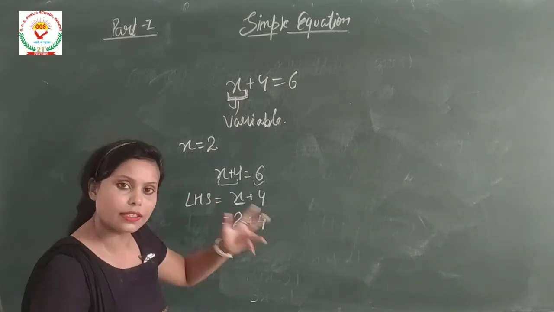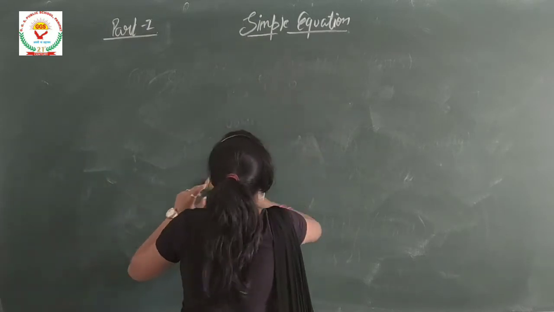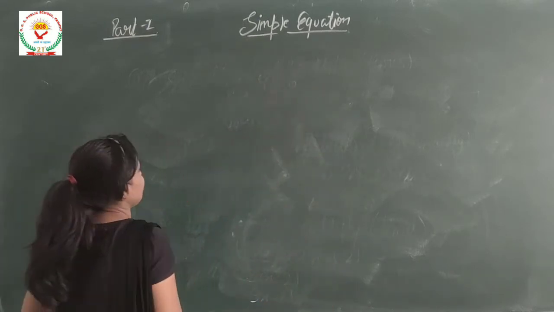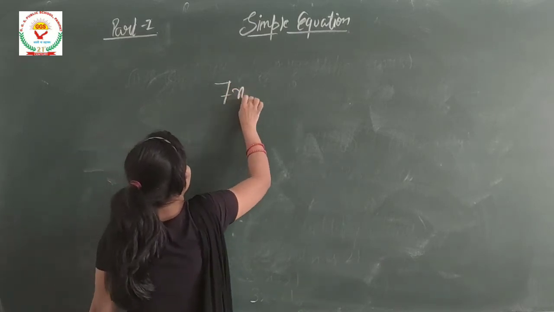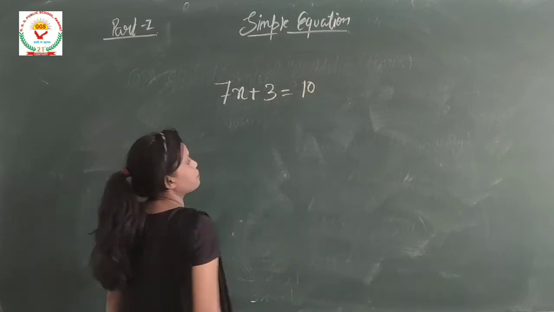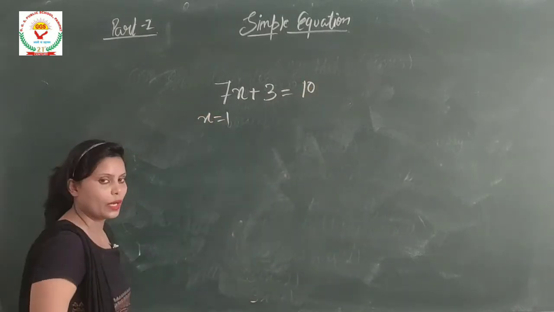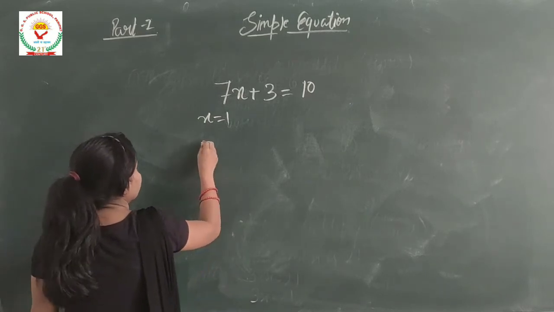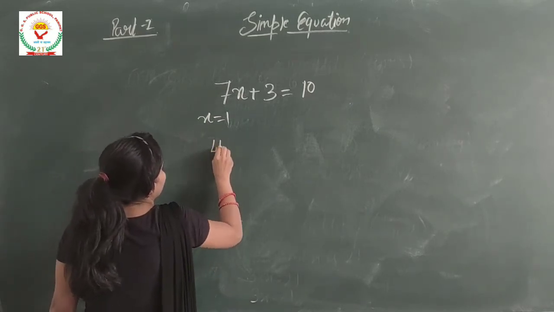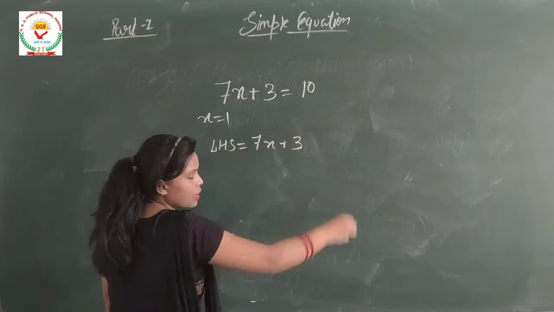Let's take another example for that. If we have 7x plus 3 is equal to 10 and we are given x is equal to 1, how will we solve it? LHS is equal to 7x plus 3.